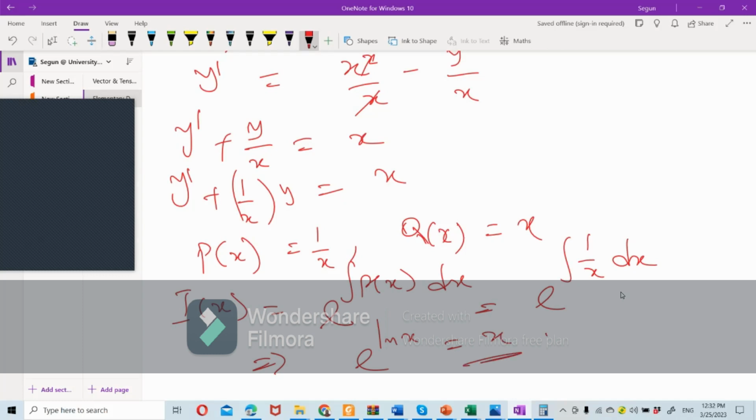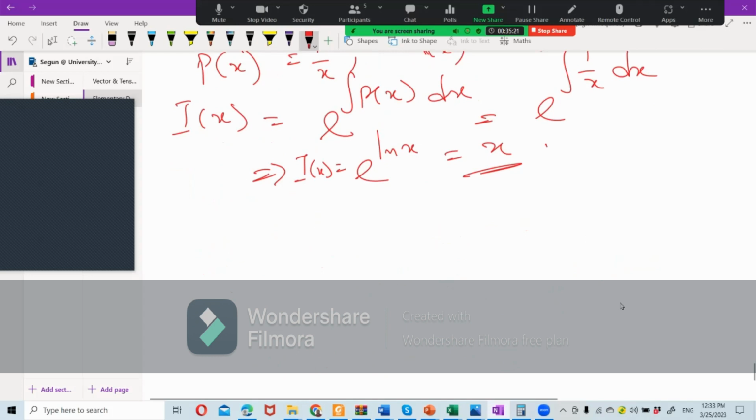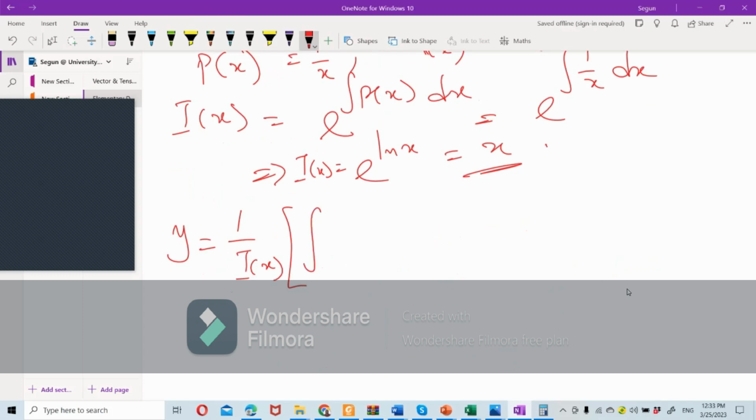That is our I of x. So if our integrating factor is this, what happened to y? Our y will be 1 all over integrating factor multiplied by integral of I of x, q of x dx plus c.